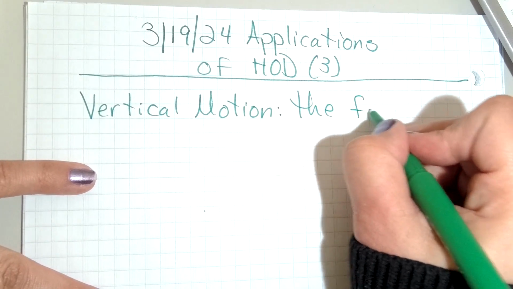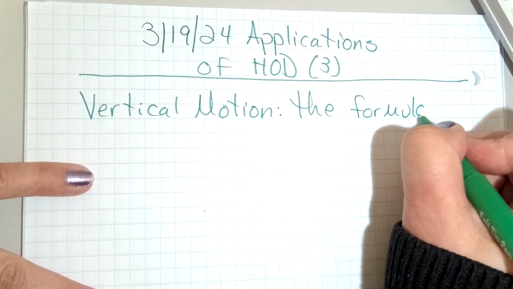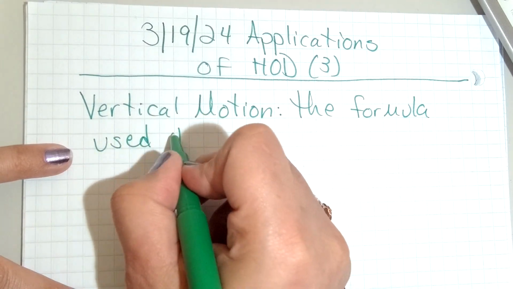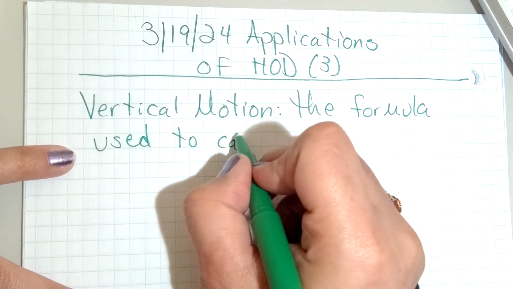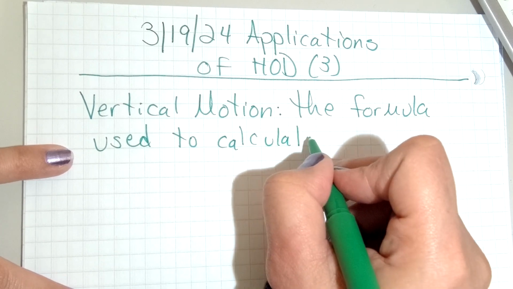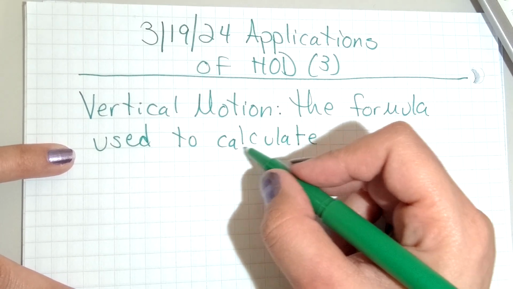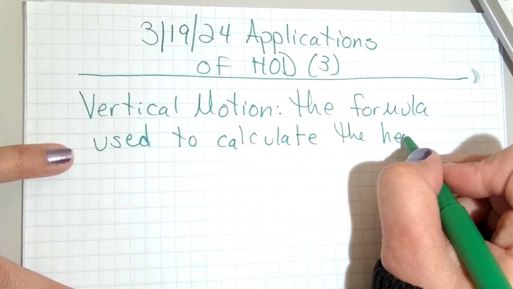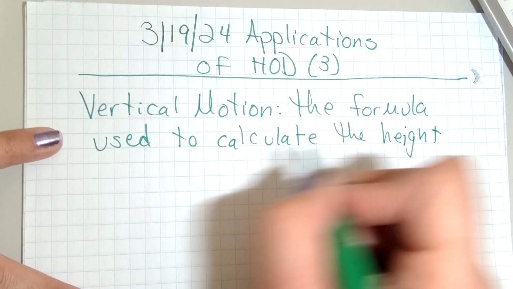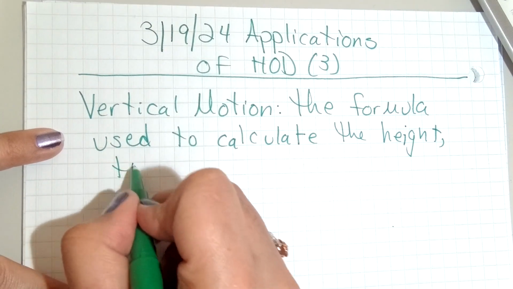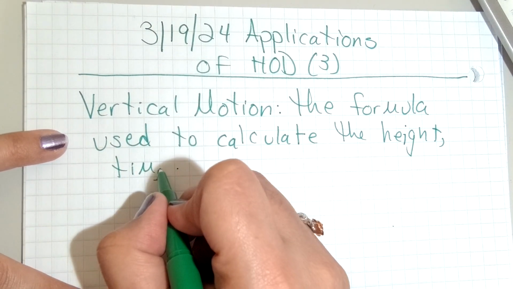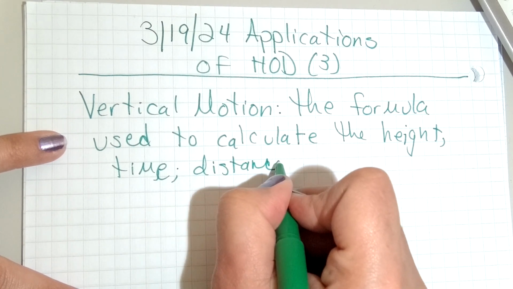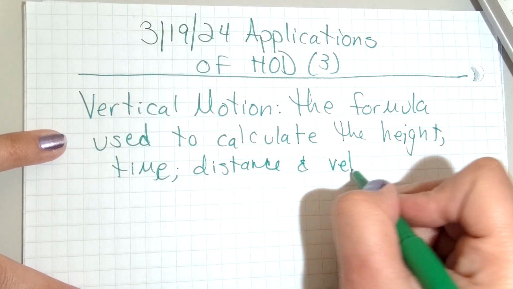So these formulas are formulas used to calculate height, time, distance, and velocity of an object.